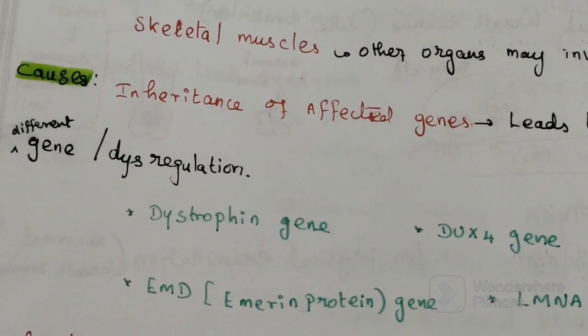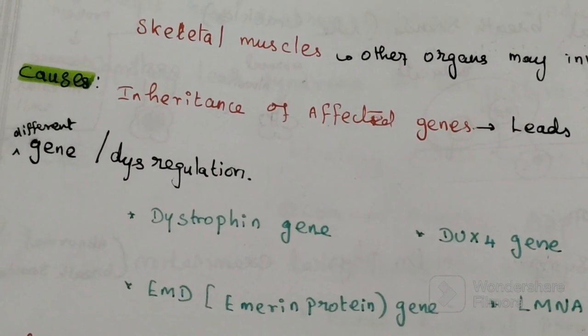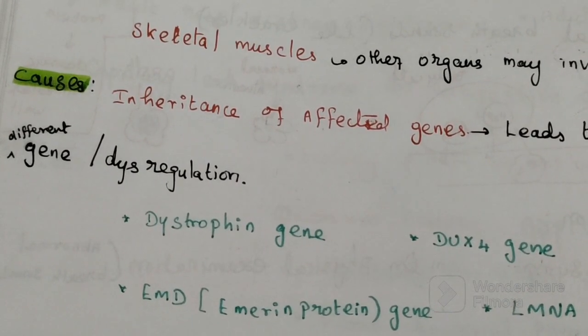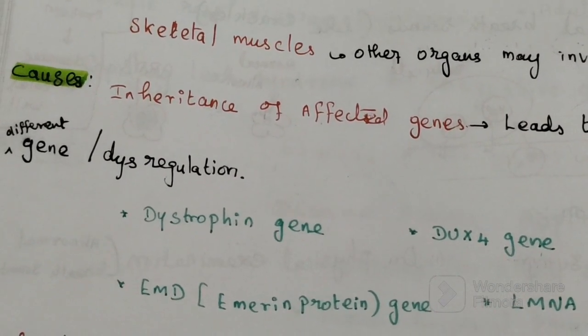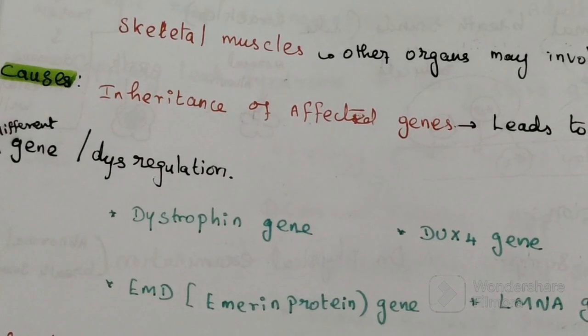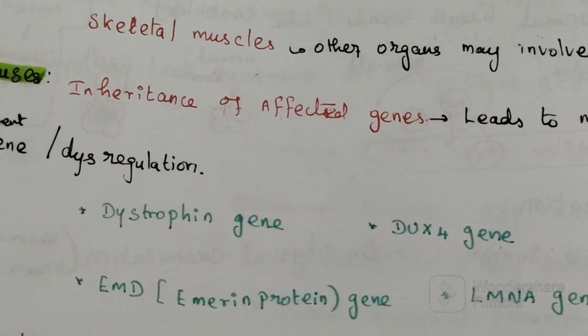So what are the causes? Causes of muscular dystrophy disorders. Muscular dystrophy is all due to inheritance.